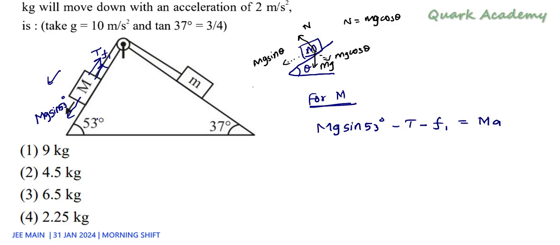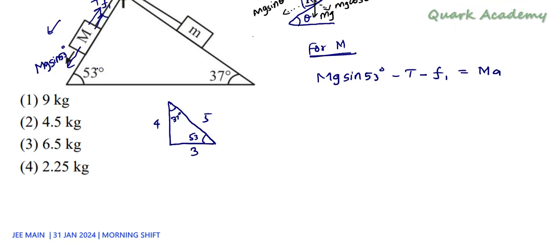Since sine 53 is there, this is a special triangle. If we have a right angle triangle whose sides are 3, 4, and 5, the angles are going to be 37 and 53. So this will be 53, this is going to be 37 degree. With this we can write all the sine and cos values. Sine 53 is opposite by hypotenuse, 4 by 5.